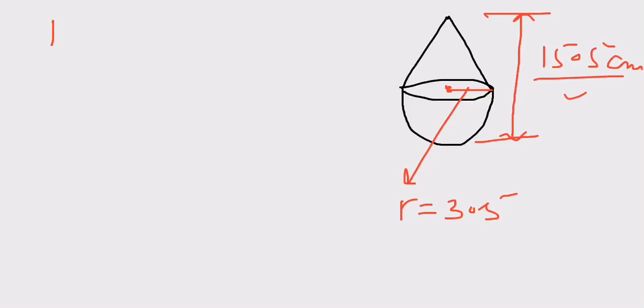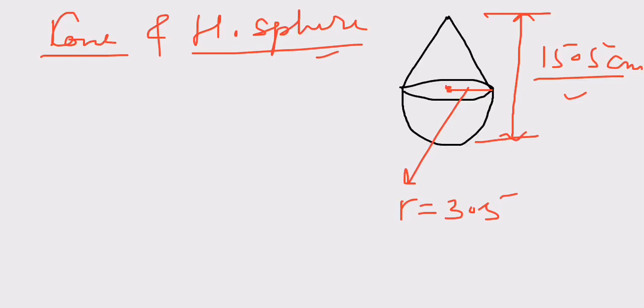Now from the figure and the question you can easily infer that the toy consists of the cone and the hemisphere. So we separately find out the parameters of these two shapes.